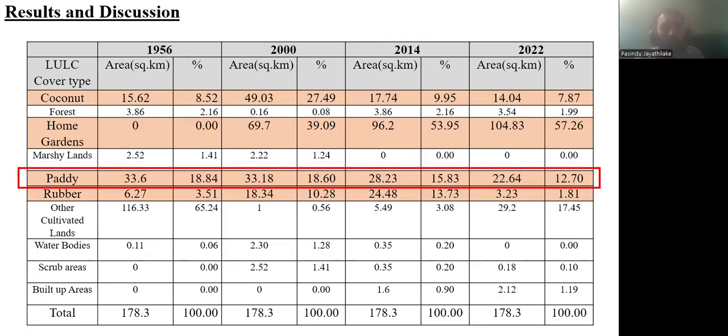Then that further decreased to 28.23 square kilometers in 2014, and further declined to 22.64 square kilometers by 2022. That means we were able to identify a gradual decrease of paddy lands in the Dompe Divisional Secretariat Division.